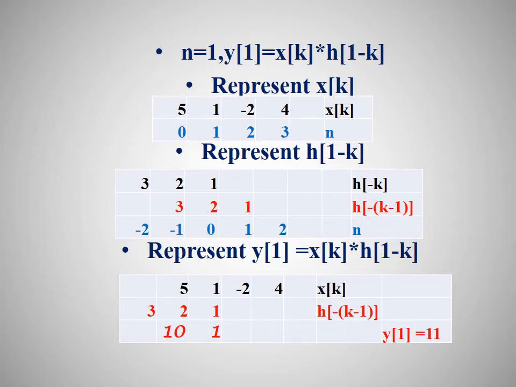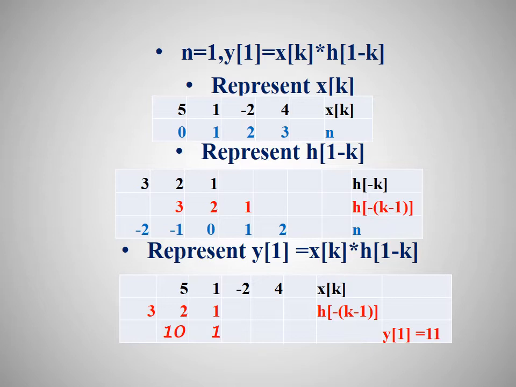So, let us go on to recall that h of minus k was represented by, at n equal to 0 it was 1, at n equal to minus 1 it was 2, and at n equal to minus 2 it was 3, which means there was a flip from 0, 1, 2 to 0, minus 1, minus 2, which gave us the answer of h of minus k. Now our problem is, how do we get h of minus of k minus 1?